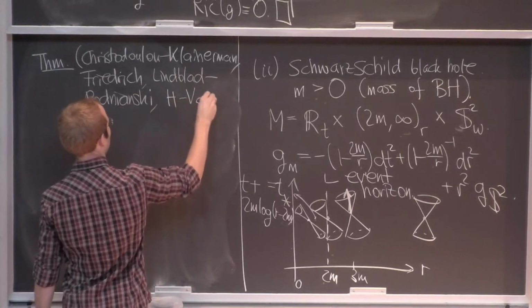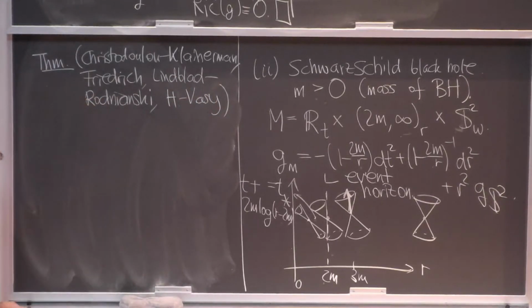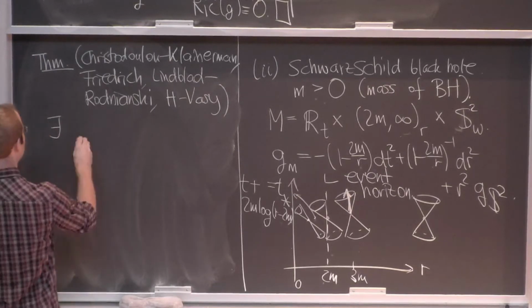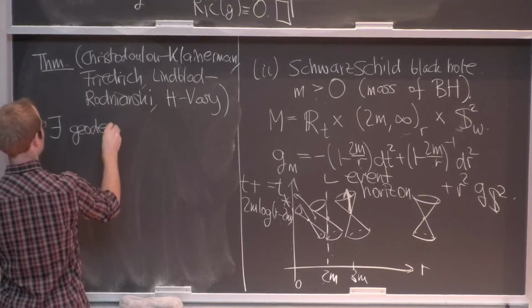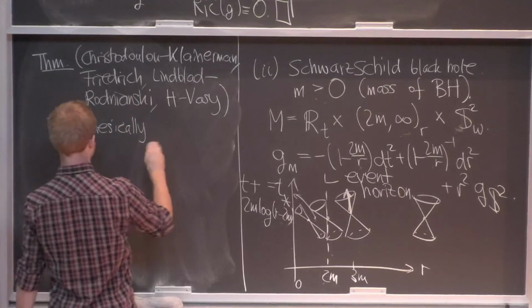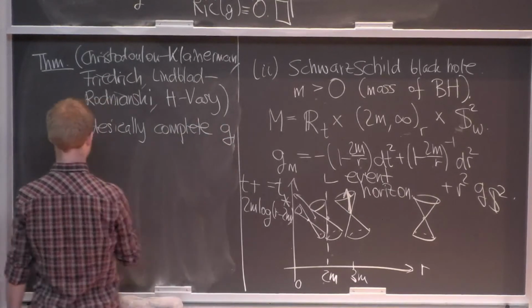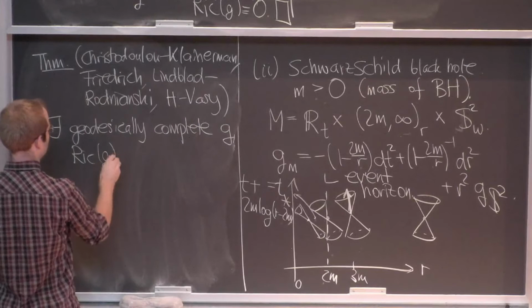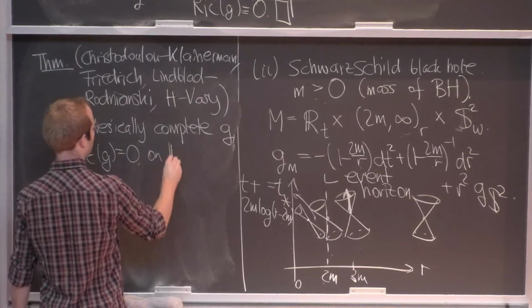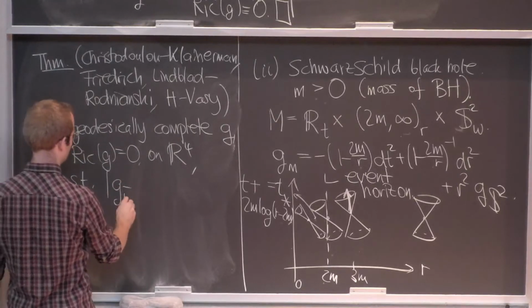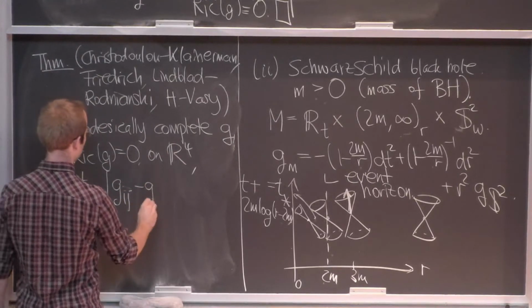And so Andras and I also gave one such variation, which very well fits into the theme of the geometric microlocal analysis. But one step at a time, the theorem states that there exists a geodesically complete solution of the initial value problem, G, which is Ricci flat, on R4, such that it decays towards the Minkowski metric component by component.